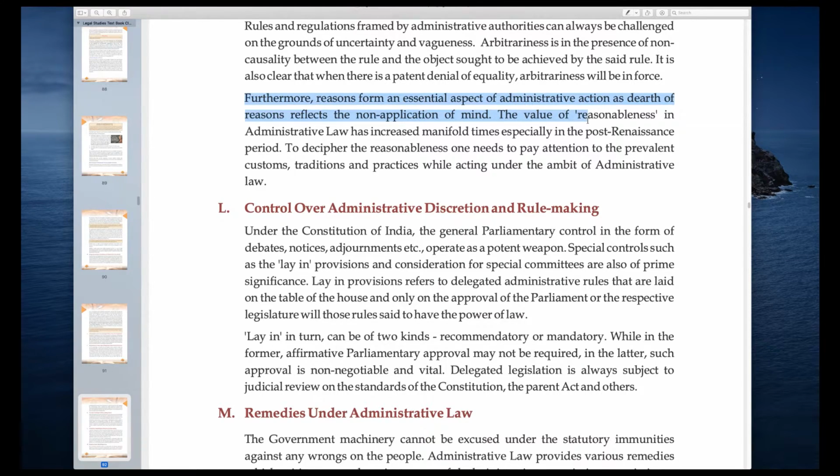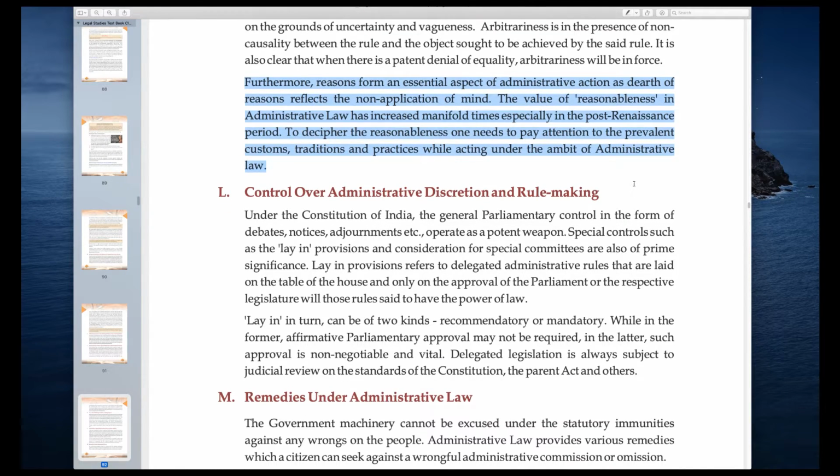The value of reasonableness in administrative law has increased manifold times, especially in the post-Renaissance period. To decipher the reasonableness, one needs to pay attention to the prevalent customs, traditions, and practices while acting under the ambit of administrative law. It is saying that the culture of society is not always the same, rather it keeps on changing.